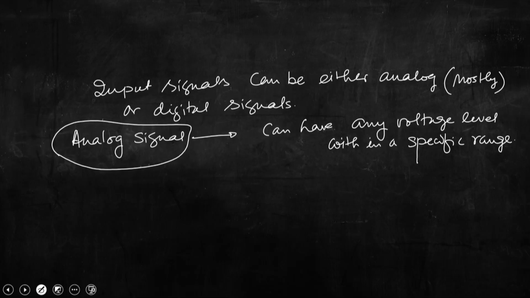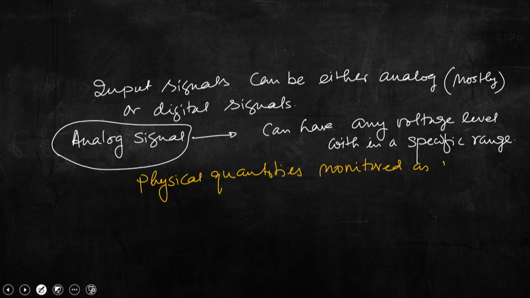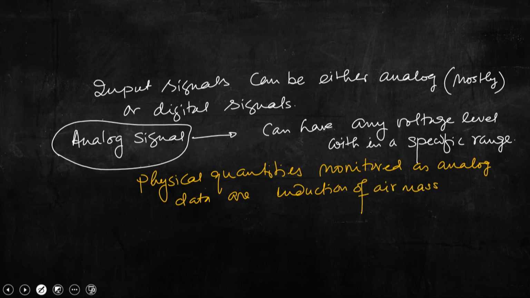So, if I write here, physical quantities monitored as analog data are induction of air mass, then battery voltage.